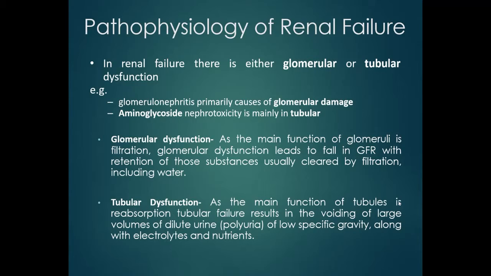For example, if it is glomerular, then it will be glomerulonephritis, and that means a permanent damage to the glomerulus. Whereas if we talk about the tubular part, then it will be aminoglycoside, that is deposition of amino acids or protein which may affect the nephrons, and hence there will be damage of tubules.